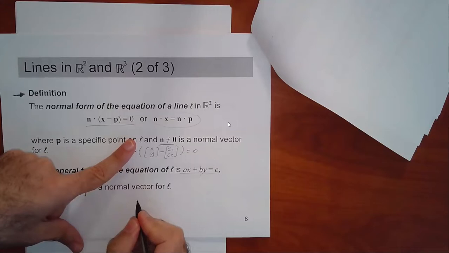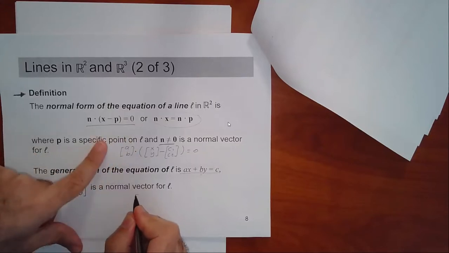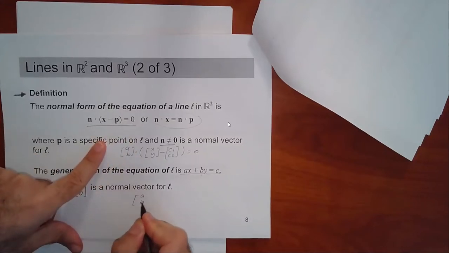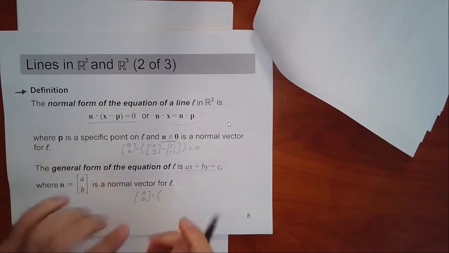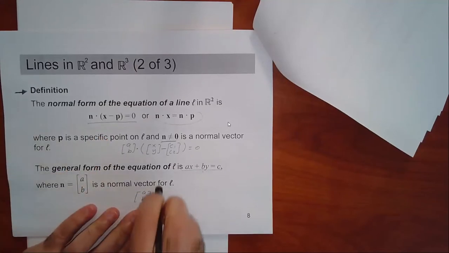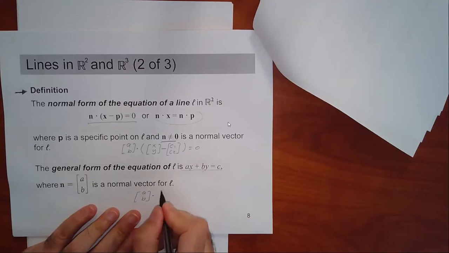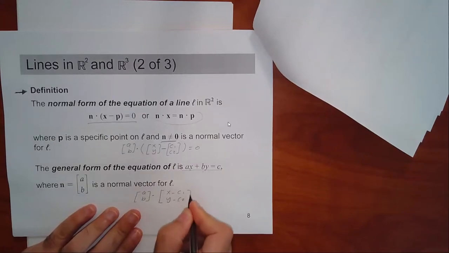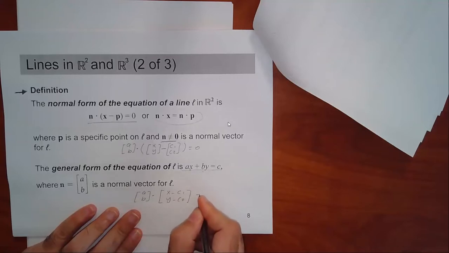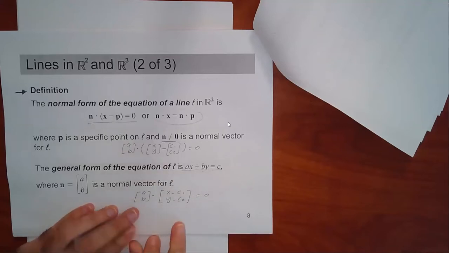So it's going to be the normal vector (a, b). Write down these steps. Now the difference is going to be another vector, which is (x minus c1, y minus c2), equal to 0. Now let's do the dot product.